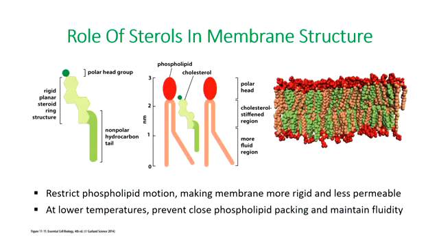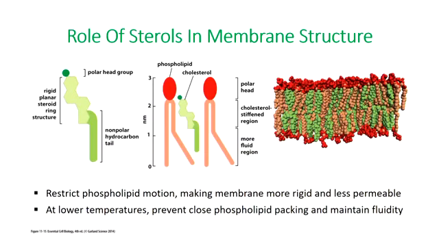But these same sterols that made the membrane more rigid and less apt to come apart at warm temperatures now keep those phospholipids from packing too close together because of that rigid four-ring structure there. And so the membrane is actually more fluid than it would be in the absence of the sterols.